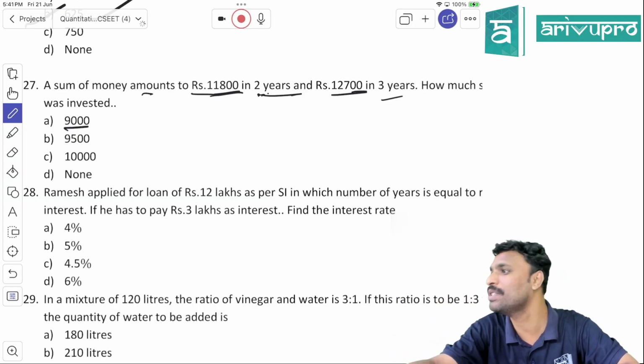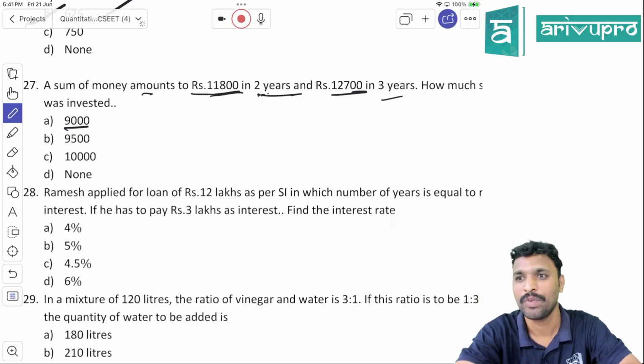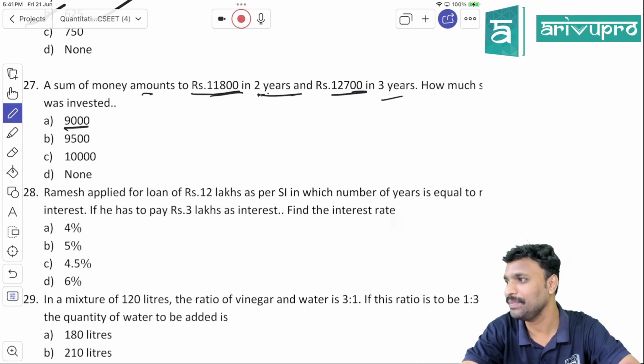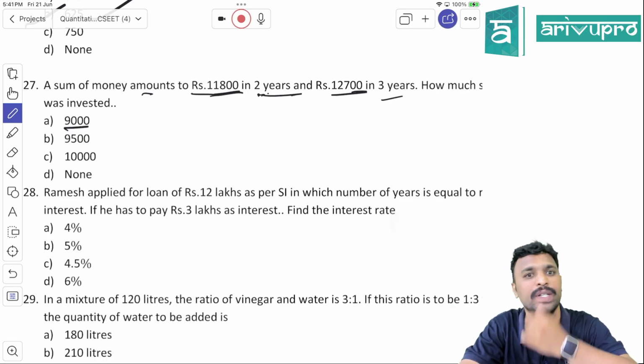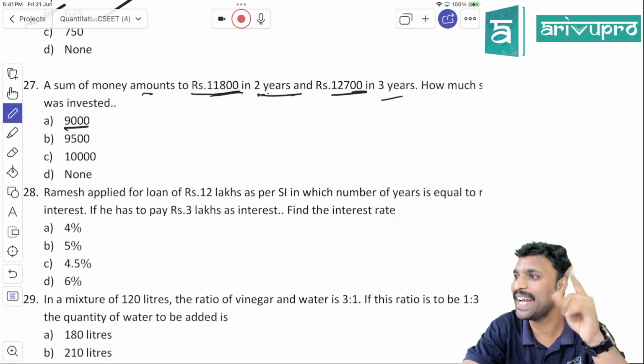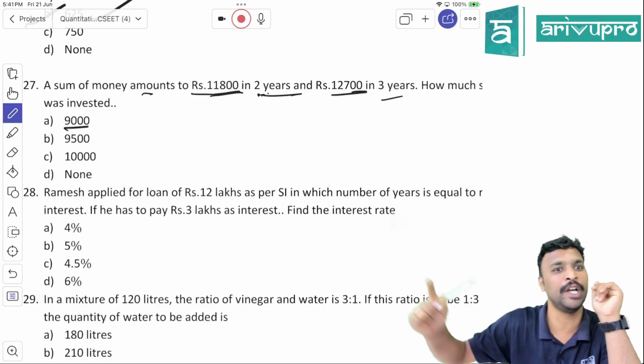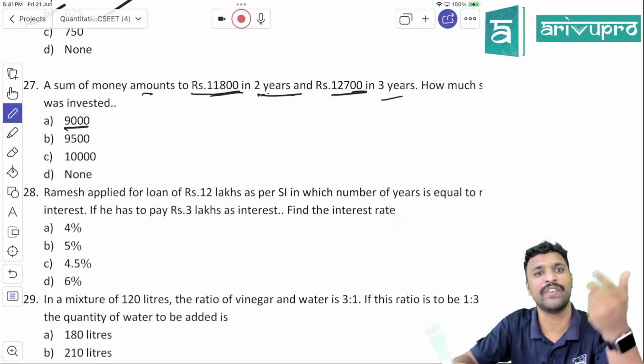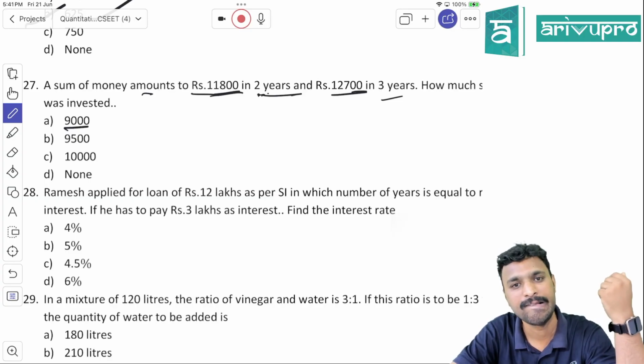You can't read the options. Would you leave the question? What is given to us? Please concentrate here. 2 amounts are given in terms of rupees. Here the rate of interest is not specified. Had the rate of interest been specified, you could hit the options. But here, the rate of interest is not given. What do you do?